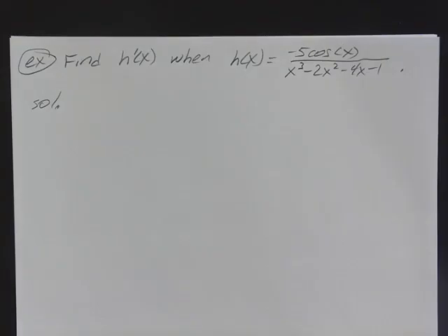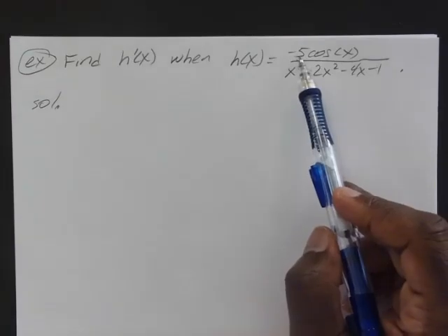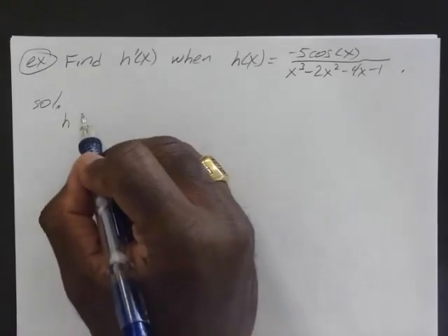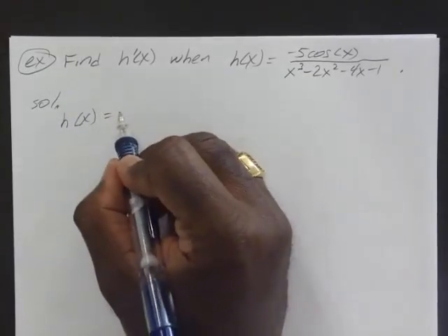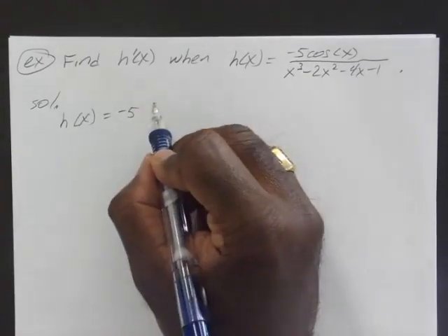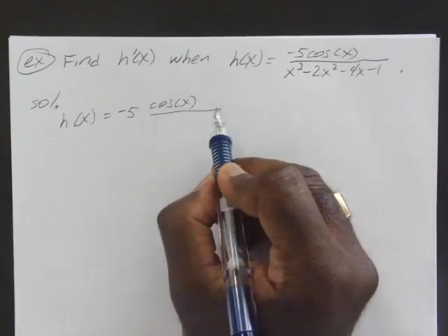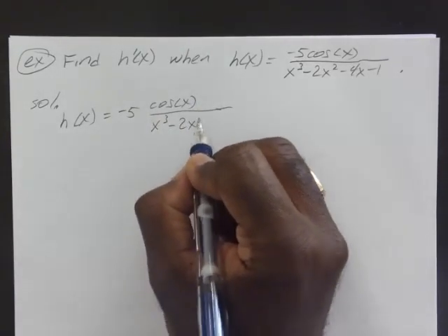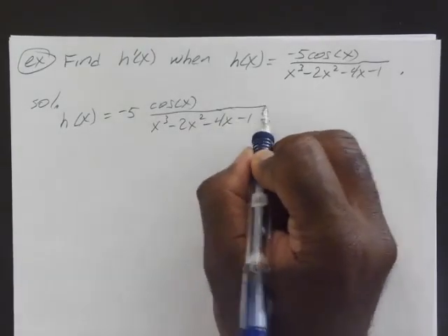So again, just me personally, I always try to factor out any constants that I can. So I'm just going to factor out that negative 5. Doesn't do a whole lot, but makes it a little bit simpler, times cosine of x divided by x to the third power minus 2x squared minus 4x minus 1.